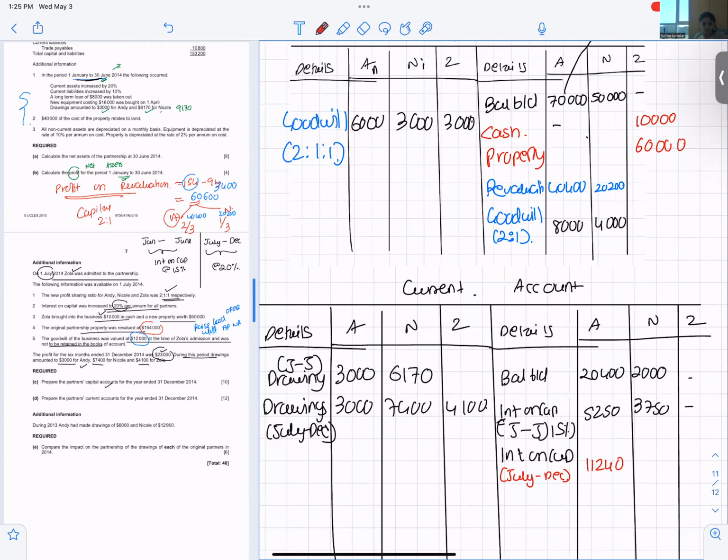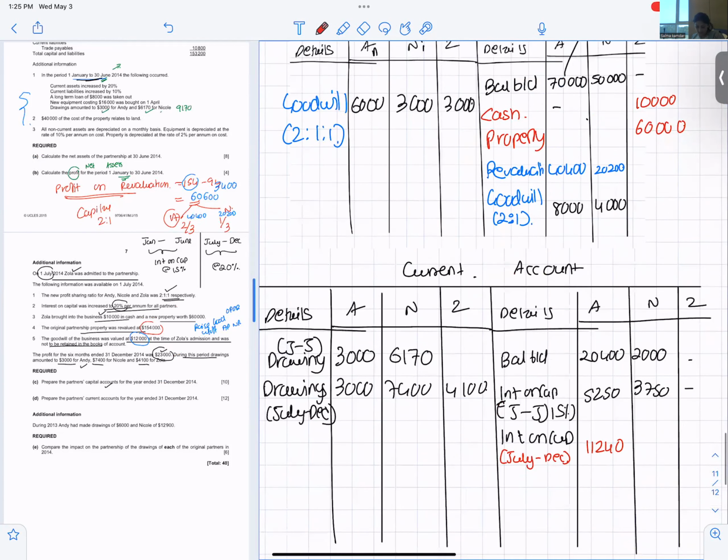Let's calculate for Nicole. 50,000 into 20% for 6 months. It will become interest on capital from July to December. When I am calculating capital, I will have to calculate the new capital of the partners from July to December. So I will wait for this calculation for interest on capital.